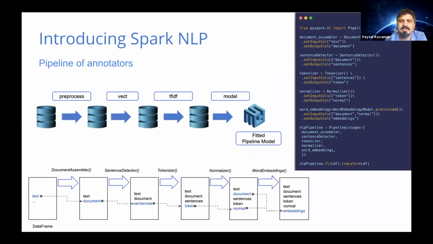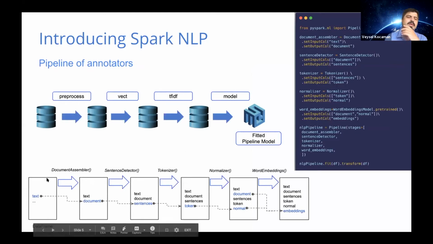Introducing Spark NLP, we have many blog posts and workshops about Spark NLP, which you might have seen before. When you Google Spark NLP and John Snow Labs, you will see tons of blog posts about that, which I'm one of the writers. Spark NLP is like building blocks. So you add a block that you would need to accomplish certain tasks.